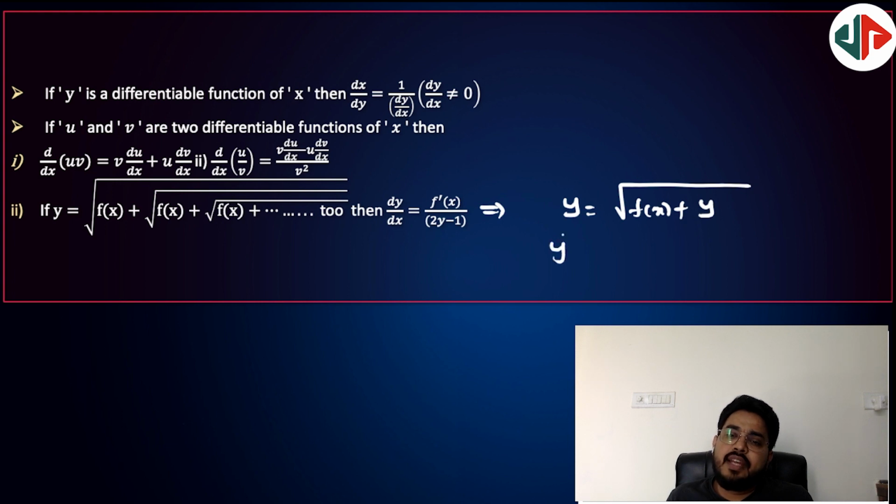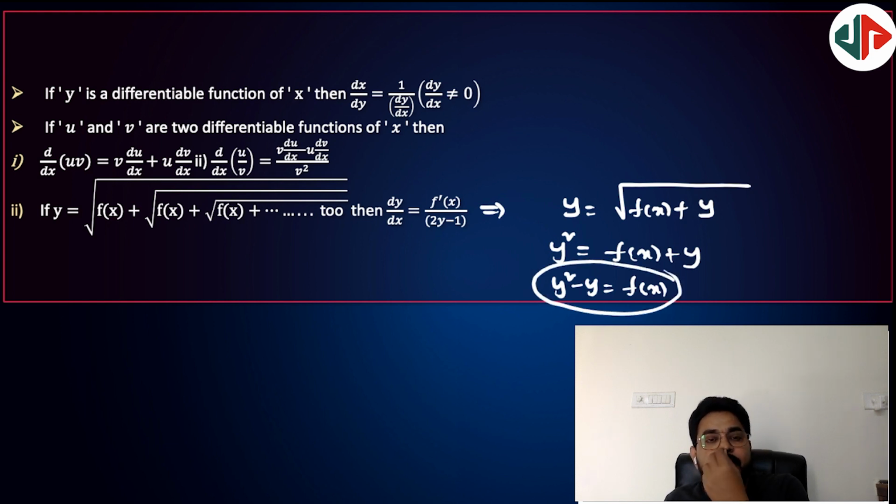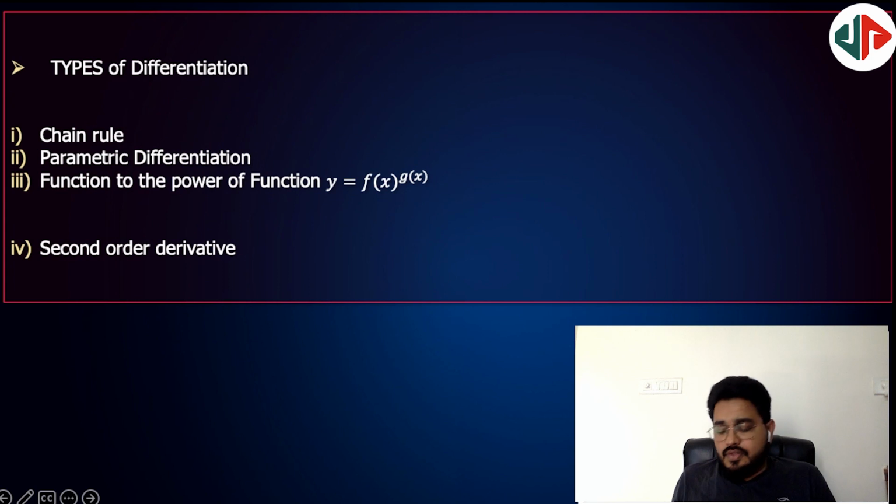So y square is equal to f of x plus y. So y square minus y is equal to f of x. Now you differentiate this one with respect to x. So now, what will be the types of differentiation?